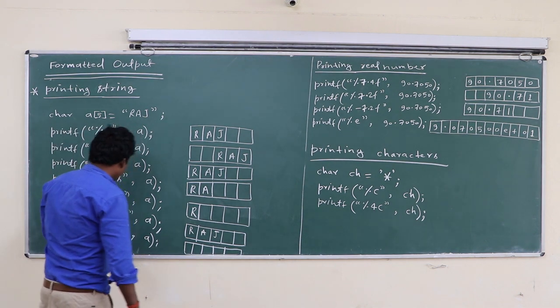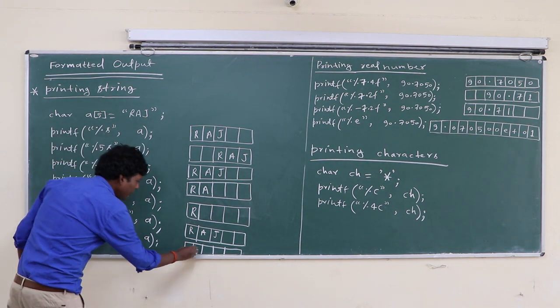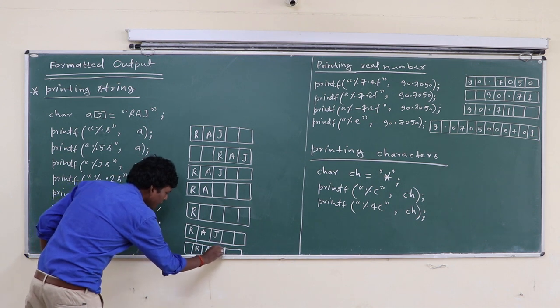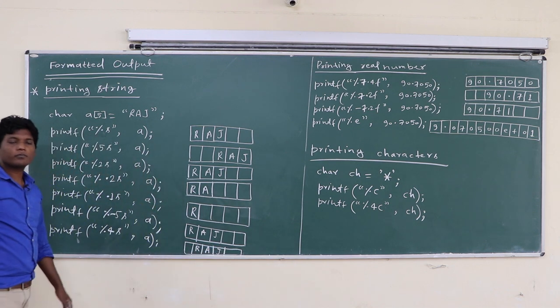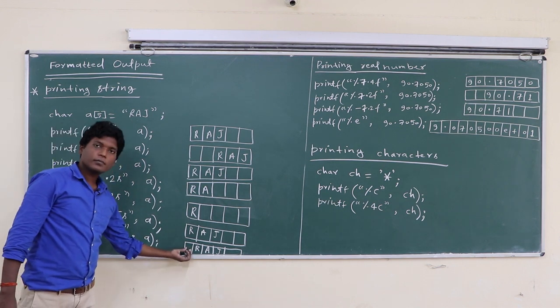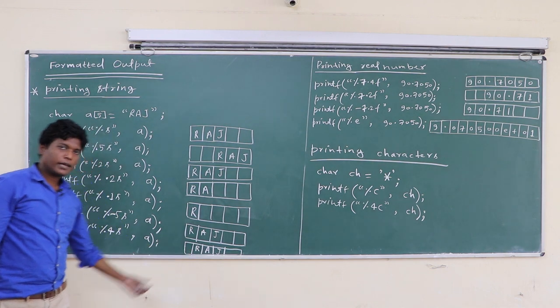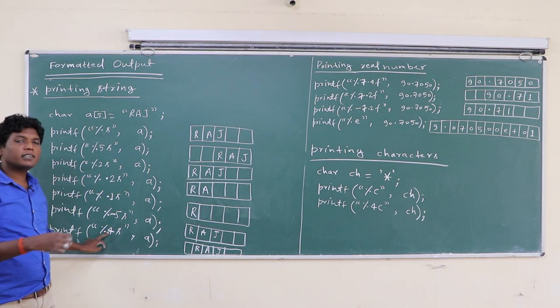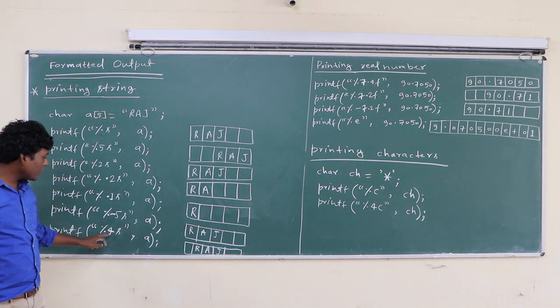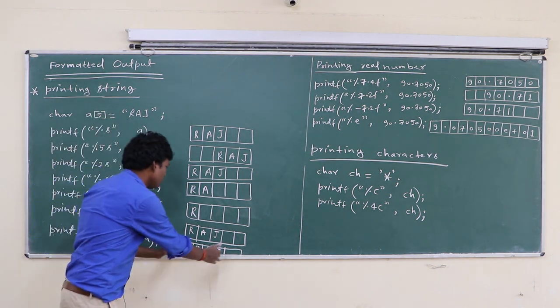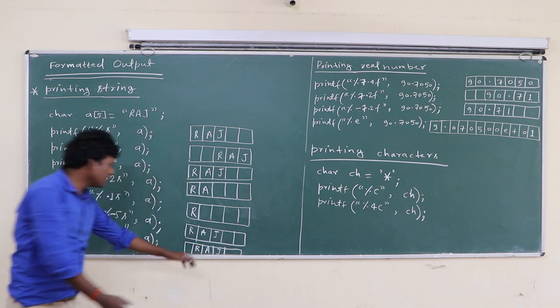So B can write Raj like this, R-A-J, and this one block will be here. This is a plus sign, that's why it is right justified, and here is a 4, so it is formatted within 4 blocks. So in the first 4 blocks it is written like this.